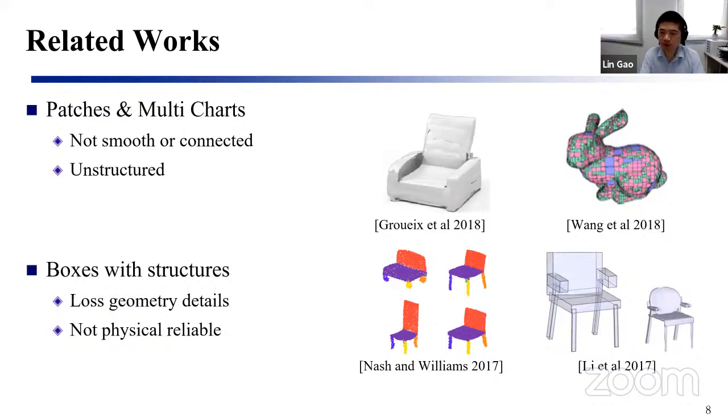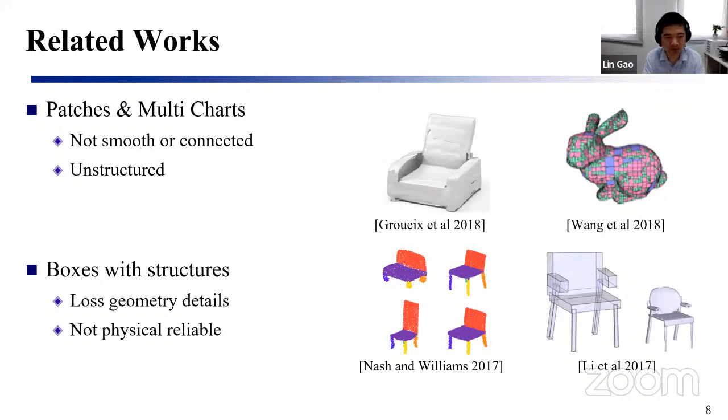And we know that for 3D generative models, the difficulty lies in the structure and the geometry detail. So we could disentangle the geometry and the structure and use the generative model to generate them separately.